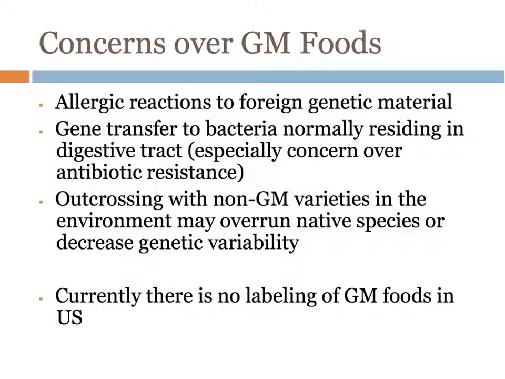There are concerns over genetically modified foods. These are being expressed and determining policy more in places that are not the United States. In the United States, there's a very close relationship between the regulatory agencies and the money-making agribusiness corporations.